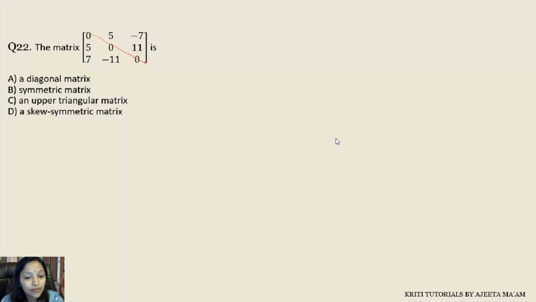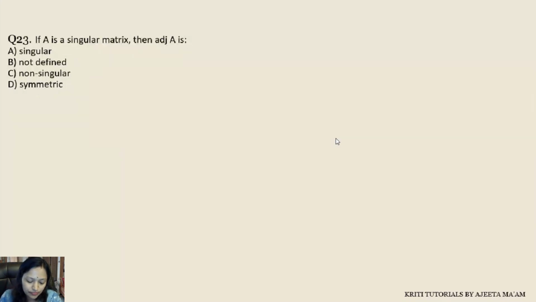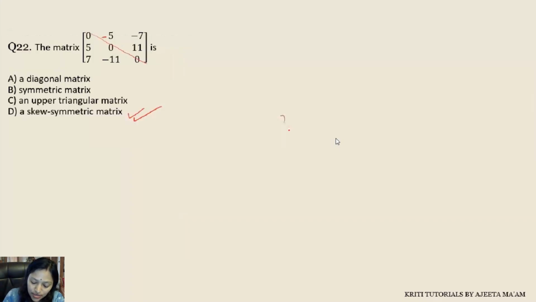Oh, it's minus 5, sorry. Just tell me what is it? This is skew symmetric. Now let's move on. What conditions did you apply in the previous one? aij is equal to minus aji, and aii is 0.